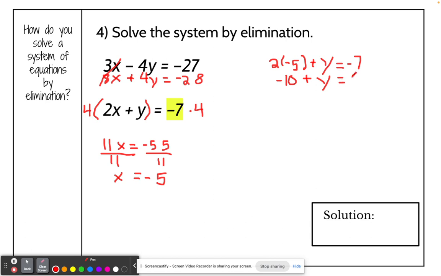In my last step, I just need to add 10 to both sides. And my y is 3. So I have negative 5, positive 3.